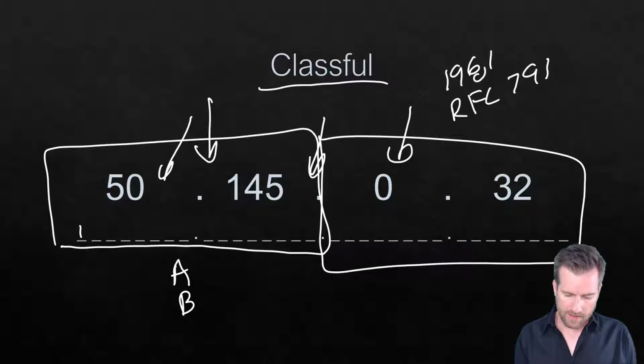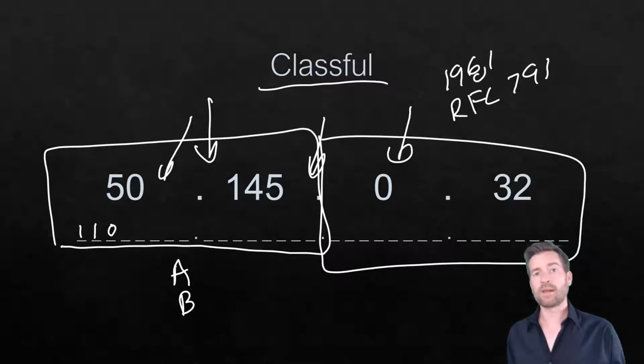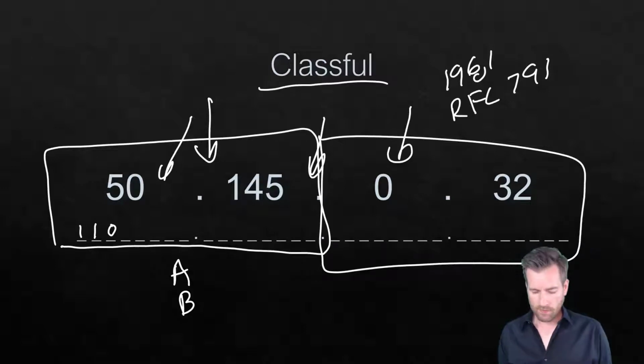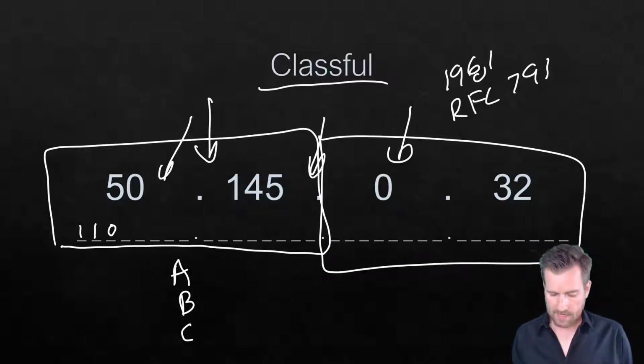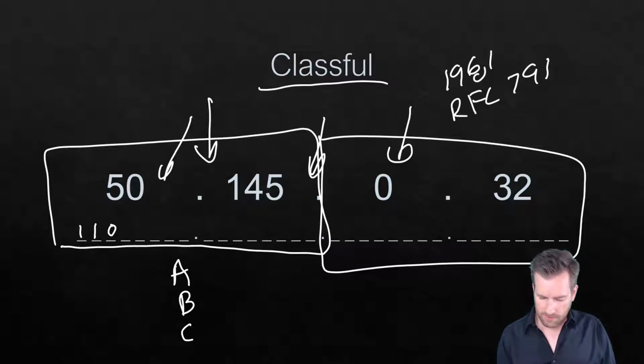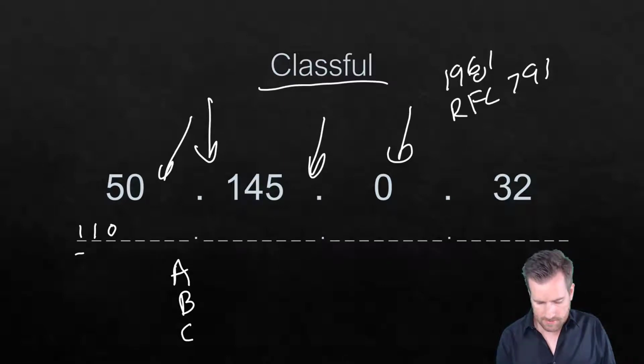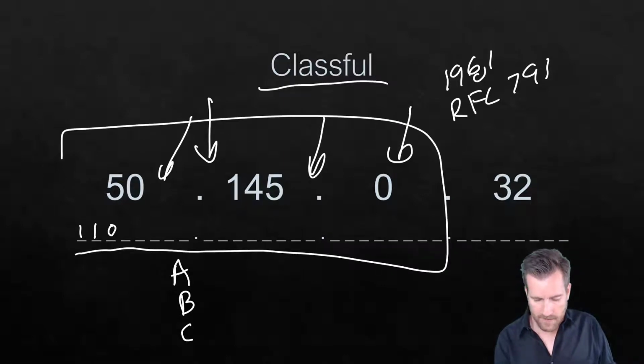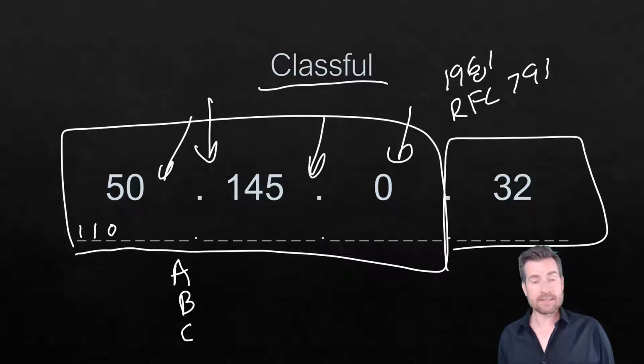And then we have a class C. A class C starts out with 1, 1, 0. And what that does with a class C is that the first 3 octets represent the number of networks, and the last represents the host.